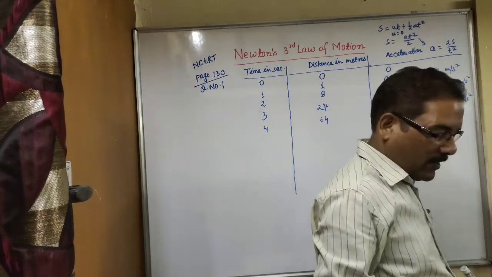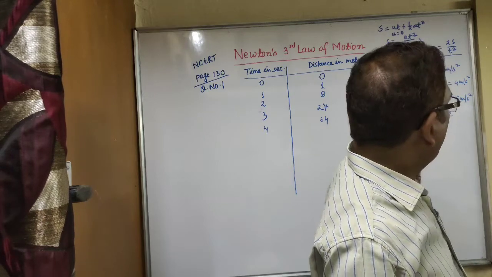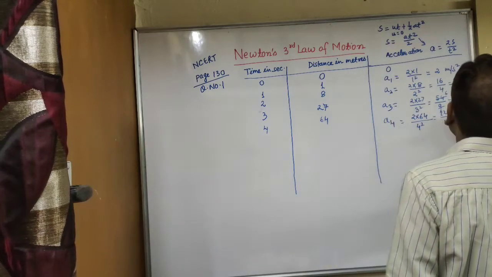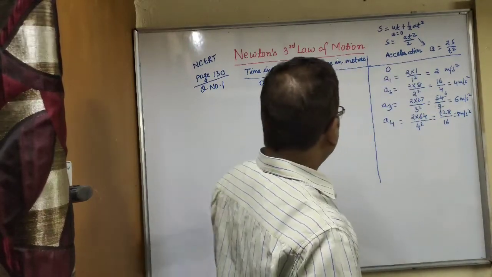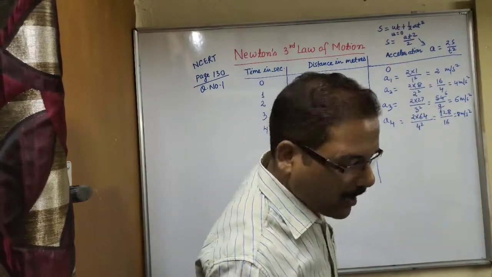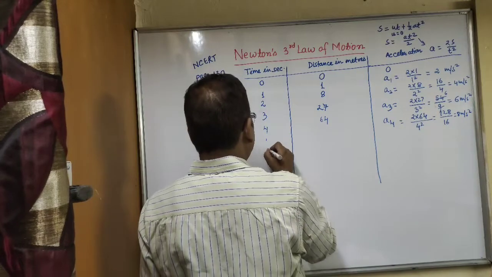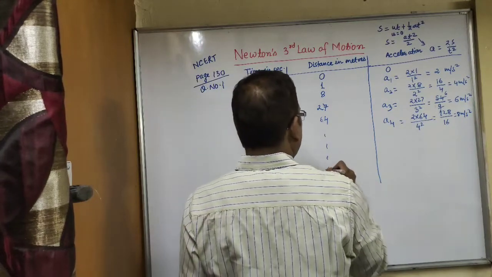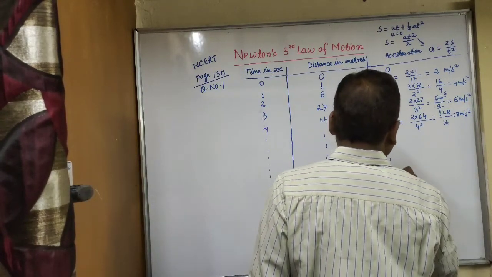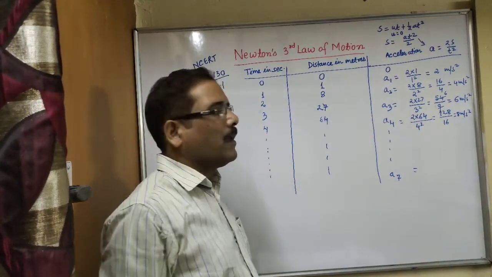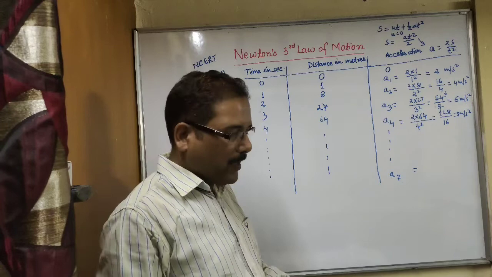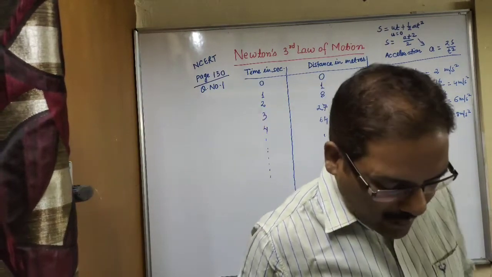If you simplify, you will get 8 meter per second square. In this way, you take the other values and you can calculate up to a7. It is your task to complete it, and you will find what they are asking.